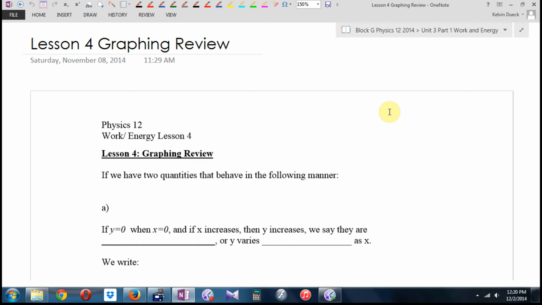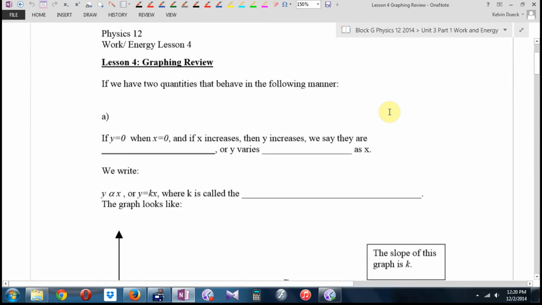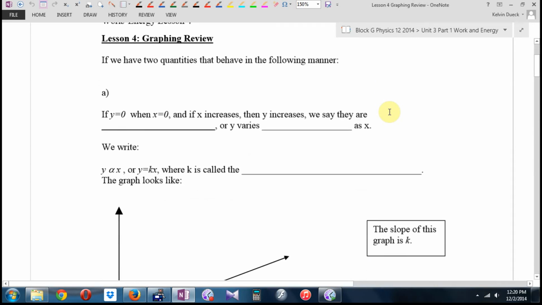Now, you can memorize, I think there's about 80 different graphs, or you can learn the tricks of the trade. So you ready? First of all, if we have two quantities that behave in the following manner, y is 0 and x is 0, so they go through 0,0. And as x gets bigger, y gets bigger.